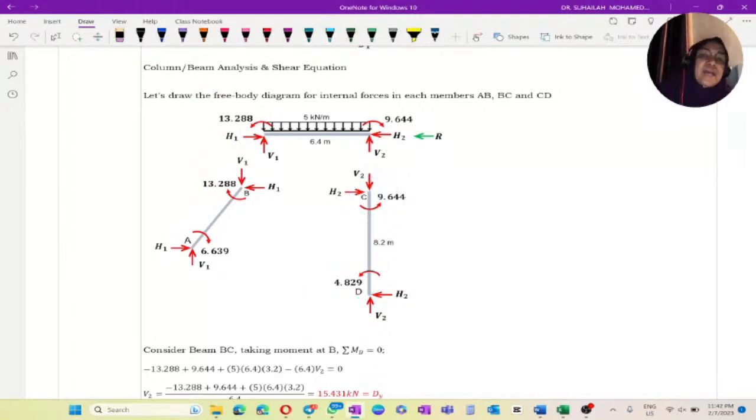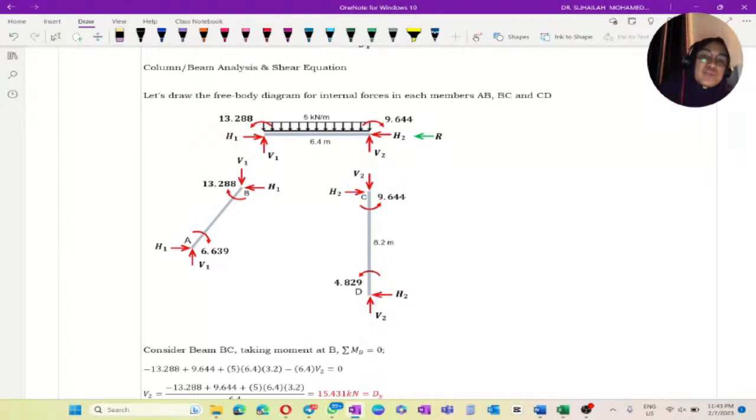And beside moment, we have to put also the vertical and horizontal reaction, or vertical as well as horizontal forces. So this is V2 or DY. So this one will be equal to this to remain in equilibrium.